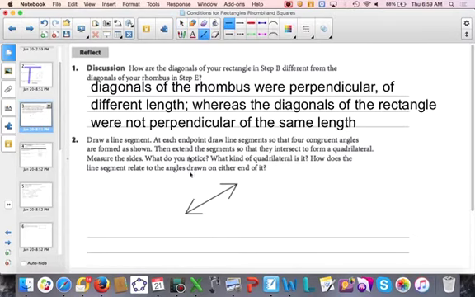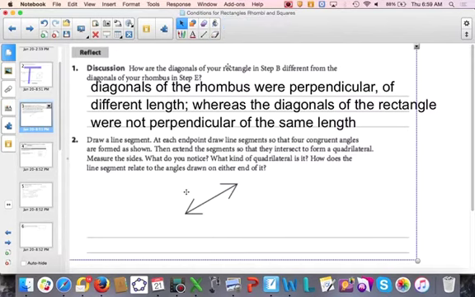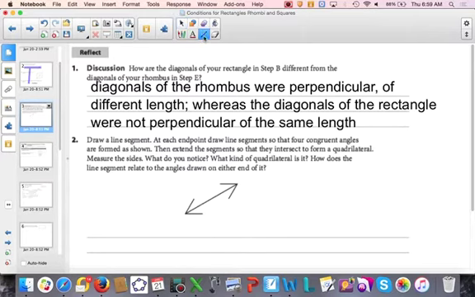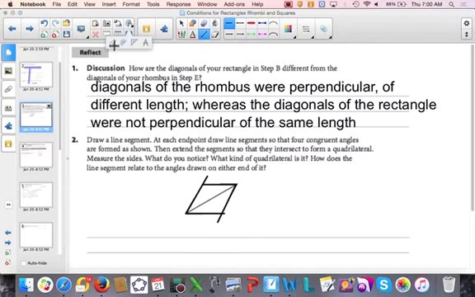Okay, so if I extend these segments, if my program would allow me to extend these segments, there's the figure that I get.